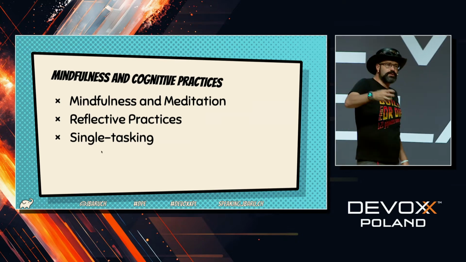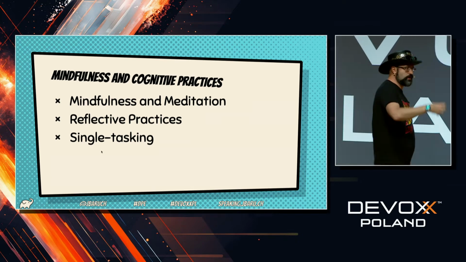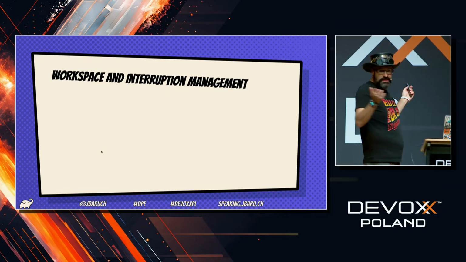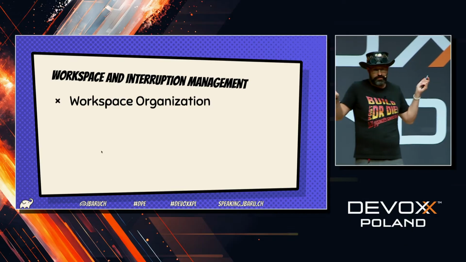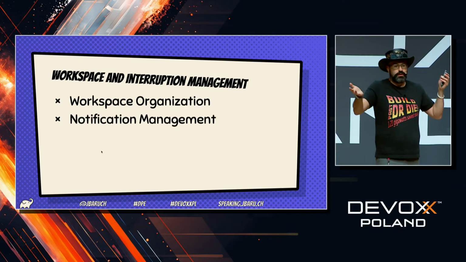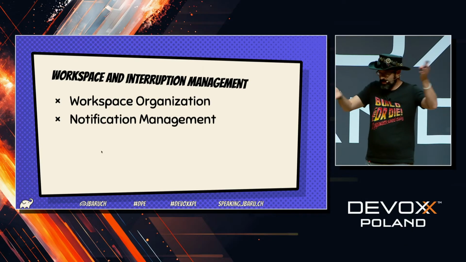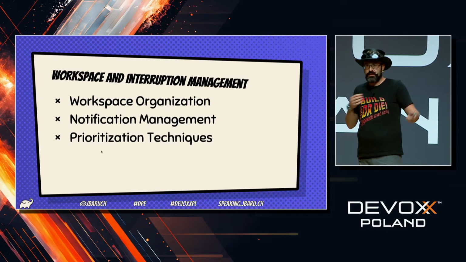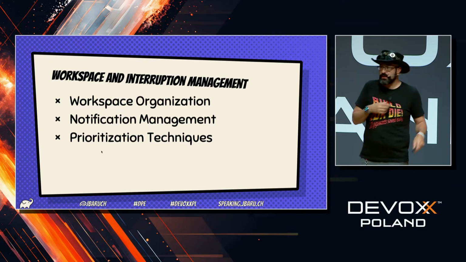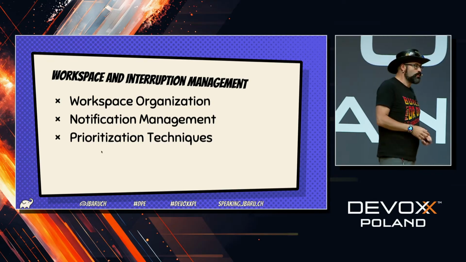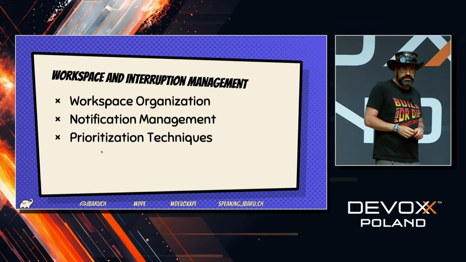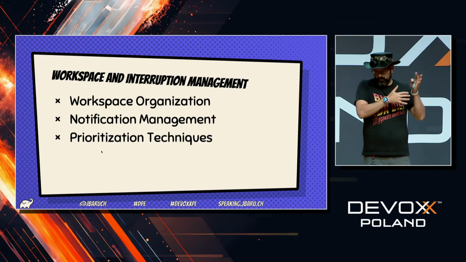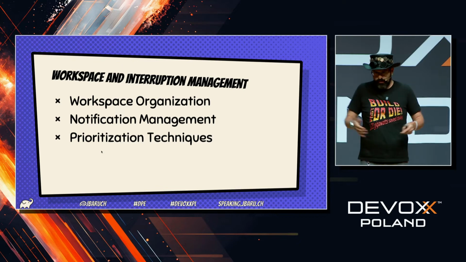How do we force ourselves to concentrate instead of being all over the place? Workspace and interruption management, stuff like workspace organization, notification management, noise-cancelling headphones, working from a quiet office, all this kind of stuff. Prioritization techniques, saying no to stuff which is not urgent, and all this kind of stuff. This is all very important and each and every one of them deserves a conference talk of its own.